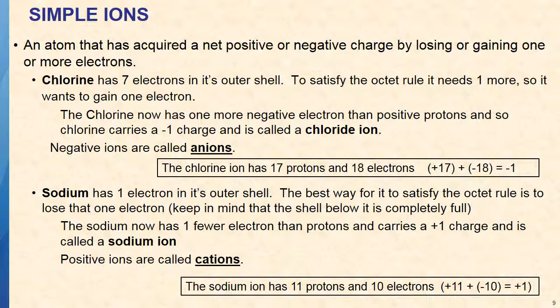Remember that electrons are negatively charged. So now the chlorine atom was balanced with 17 protons and 17 electrons. And if we add one more electron, we have one more extra negative charge with 18 electrons. And so overall, the chlorine becomes an ion and has a charge of -1.